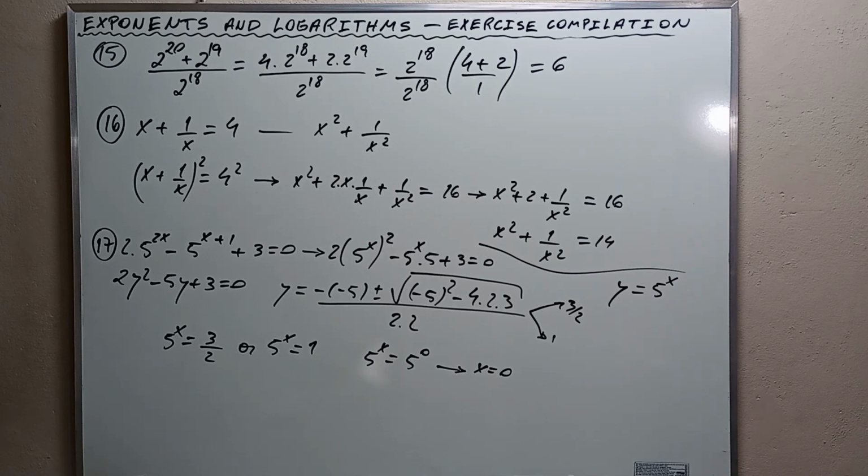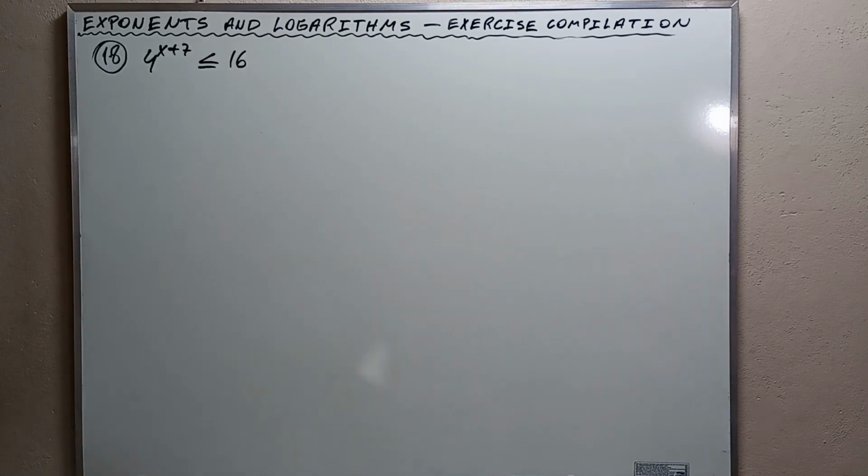Okay, my friends, let's go to the last exercise of exponentiation and then jump to the logarithm. Now the last exercise of exponentiation, exercise 18: what is the solution set of the inequality 4 raised to the power of x plus 7 less than or equal to 16?